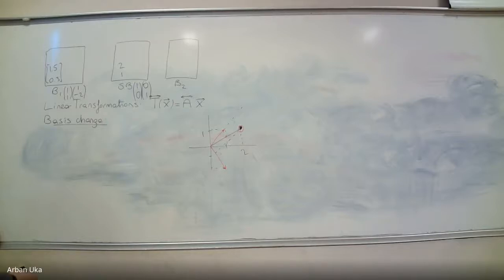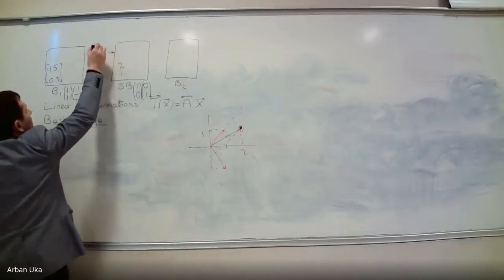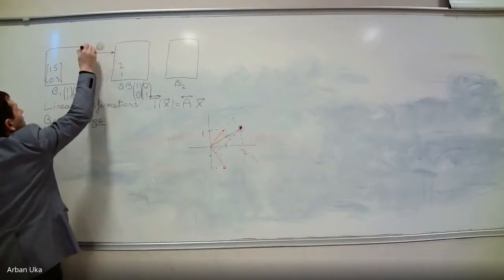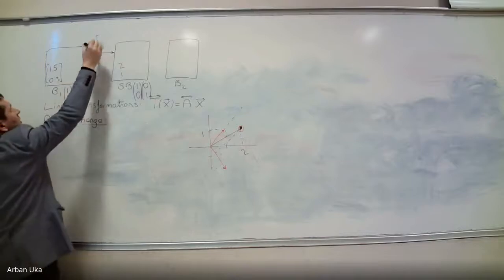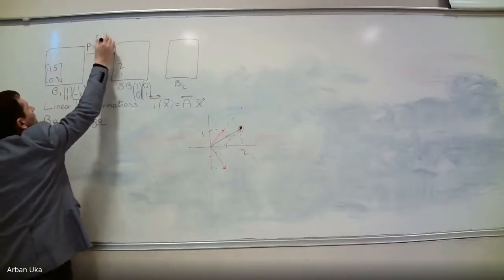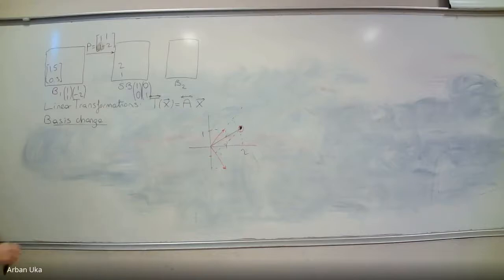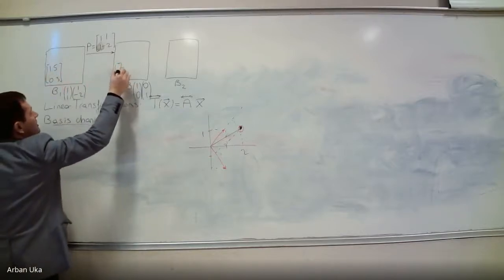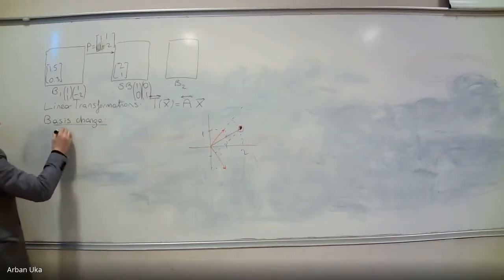What we traditionally do is use a matrix P. What is this matrix P equal to? We use these vectors, 1, 1 and 1, minus 2, to transform any vector in this domain into the vectors in the standard basis.